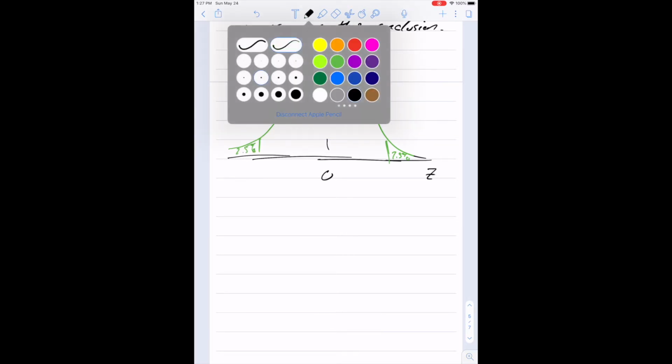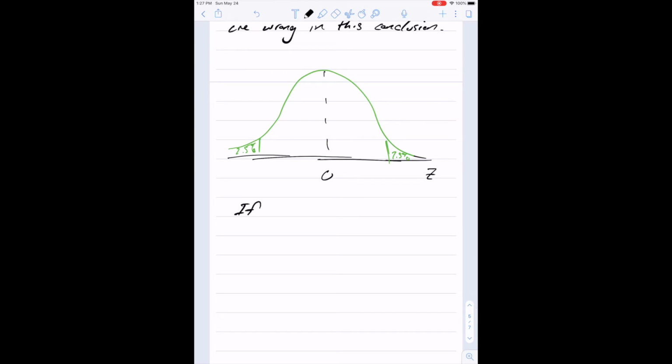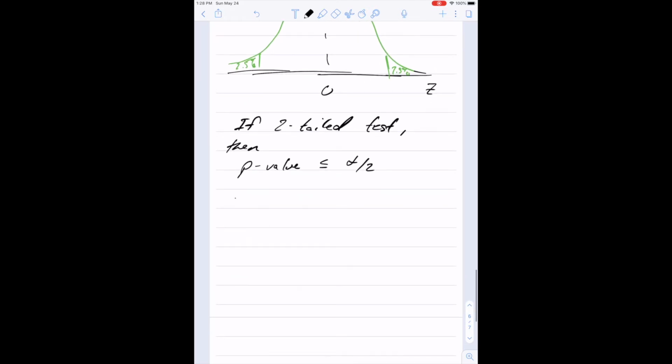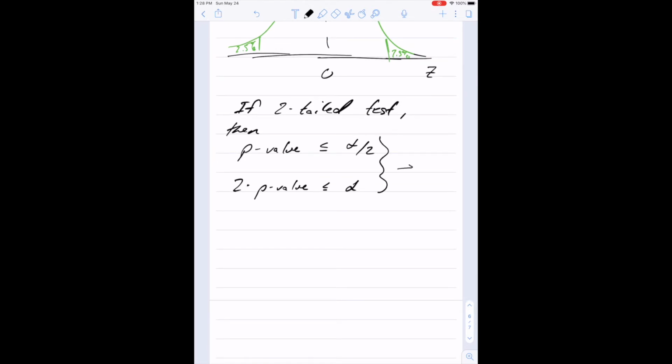So in this case, if it's a two-tailed test, then the decision rule is the p-value needs to be less than or equal to alpha divided by 2, or 2 times the p-value needs to be less than or equal to alpha. Those are exactly the same statement, right? In either of these cases, reject the null hypothesis.